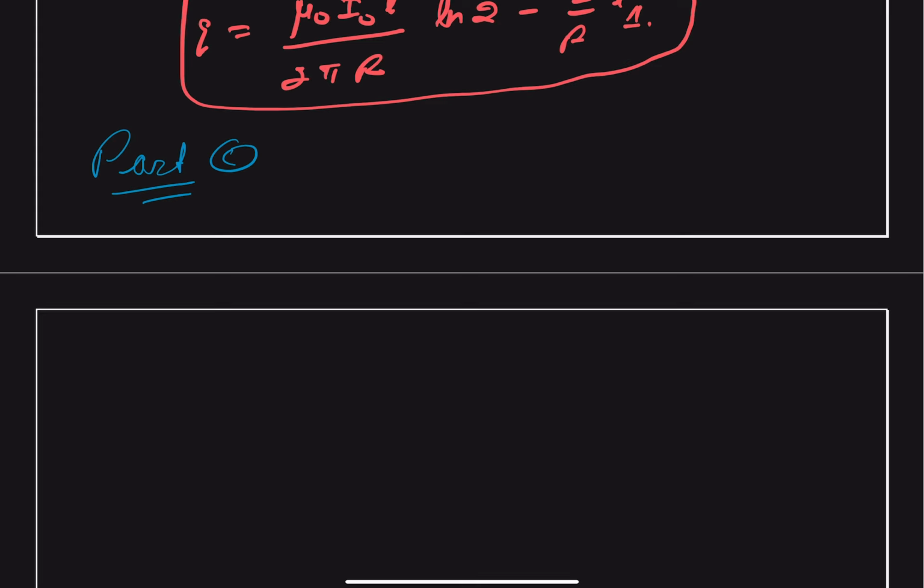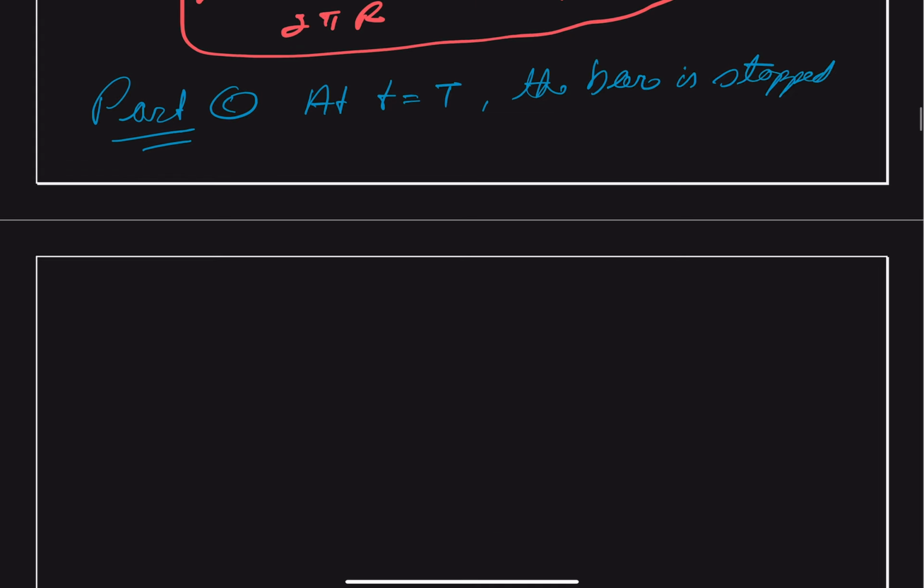So it is given that at t is equal to capital T, the bar is stopped, and along with this, the circuit behaves like a series LR circuit having a current I1.